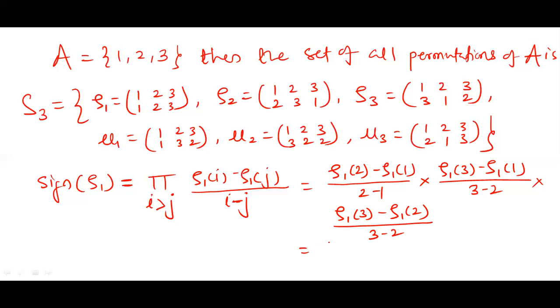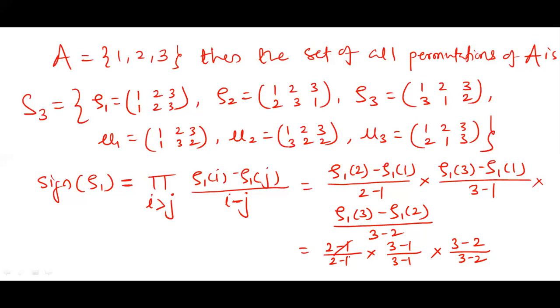So it is equal to, rho 1 of 2 is 2, rho 1 of 1 is 1 divided by 2 minus 1. Rho 1 of 3 is 3, rho 1 of 1 is 1 divided by 3 minus 1. Rho 1 of 3 is 3, minus rho 1 of 2 is 2 divided by 3 minus 2.